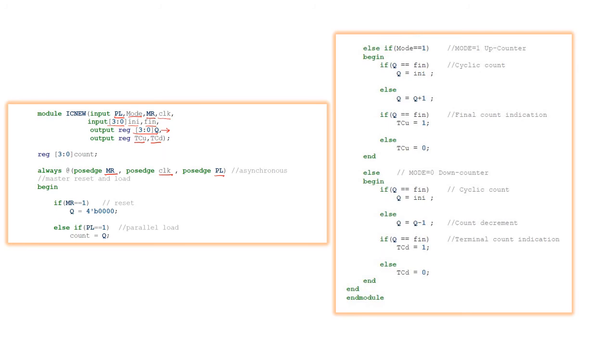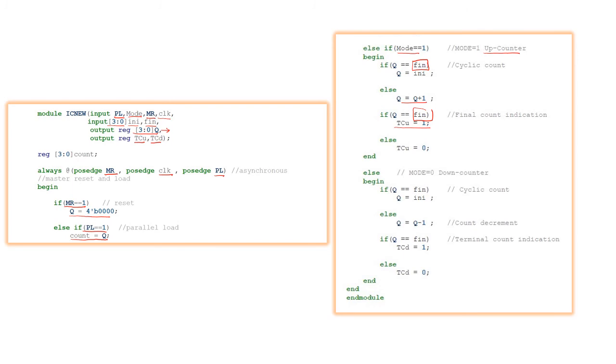In the behavior, if master reset is 1, the output state is made 0, and if parallel load is 1, the load value is made the counter state. Otherwise, if mode is 1, it's up counter mode. We increment the count until we reach the final value, and when it reaches the final value, we make terminal count up equal to high.